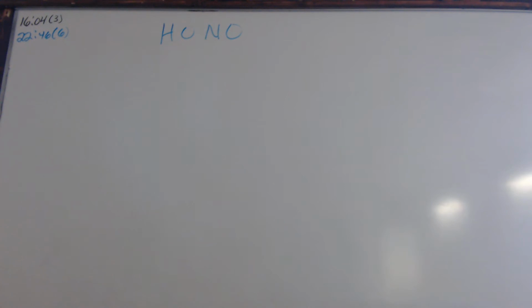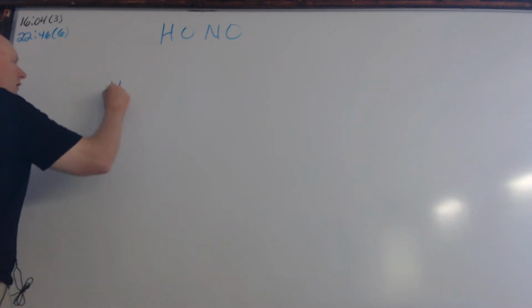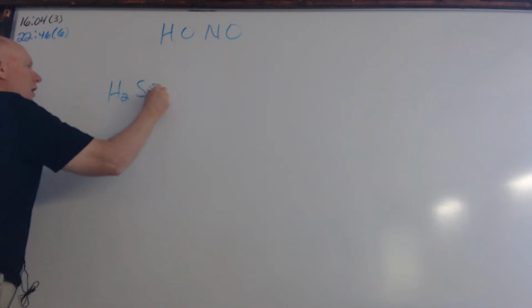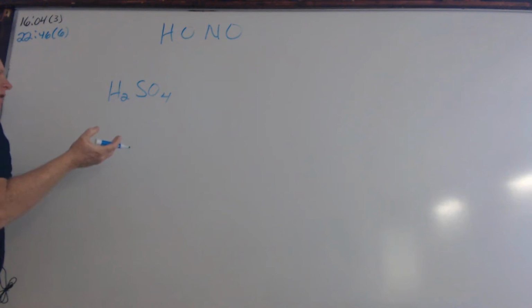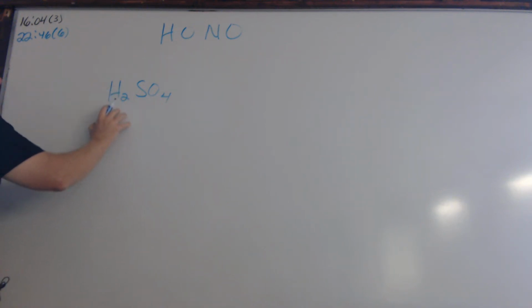And then, what if you have some of these examples, like sulfuric acid, which we did as H2SO4? Again, we don't have carbon, we don't have nitrogen, and we don't have a metal. We have this that has metallic-like characteristics, but we can't put that in the middle.